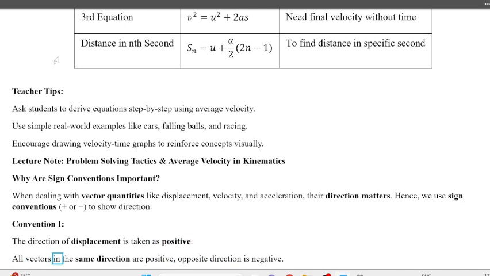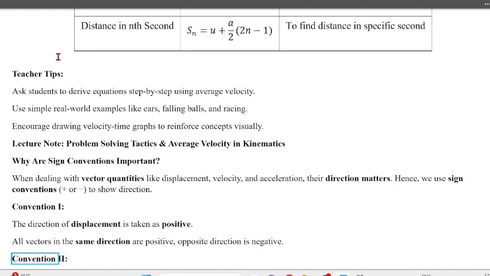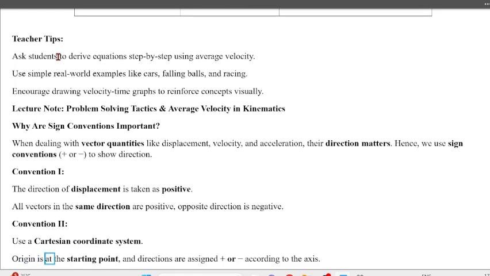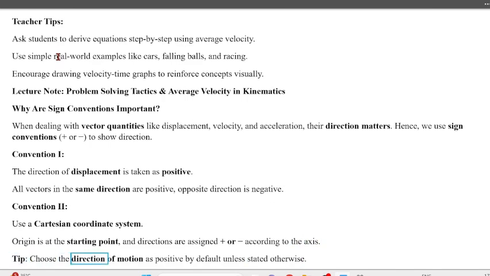All vectors in the same direction are positive, opposite direction is negative. Convention 2: use a Cartesian coordinate system. Origin is at the starting point, and directions are assigned plus or minus according to the axis. Tip: choose the direction of motion as positive by default unless stated otherwise.